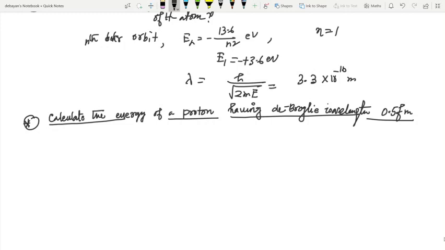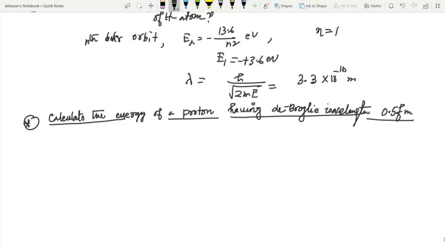We know that lambda equals h by mv. Now if we want to find the velocity v, it is h by m lambda. If we put in the values, h is 6.6 × 10^-34, mass is 1.6 × 10^-27, and lambda is a femtometer, that means 0.5 × 10^-15.